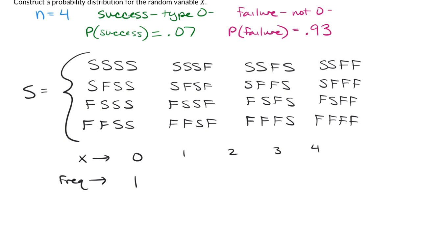There's actually 4 with 1 success. So here's 1 success, 1 success, 1 success, and 1 success. How many have 2 successes? 1, 2, 3, 4, 5, 6.